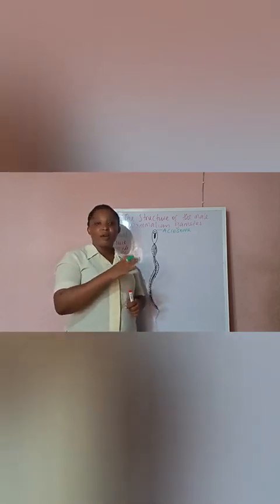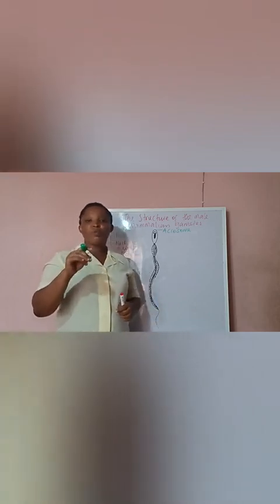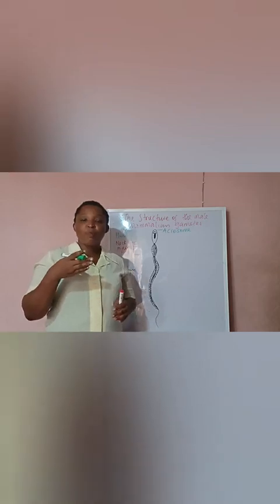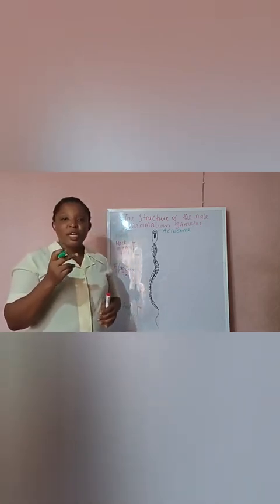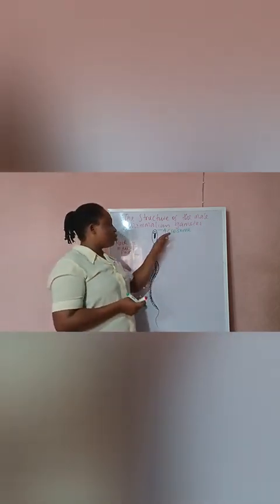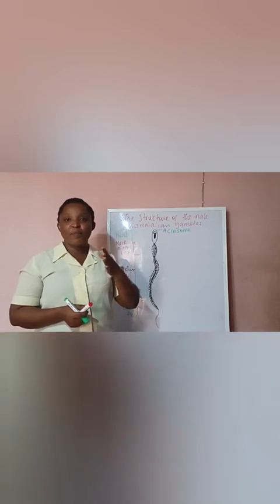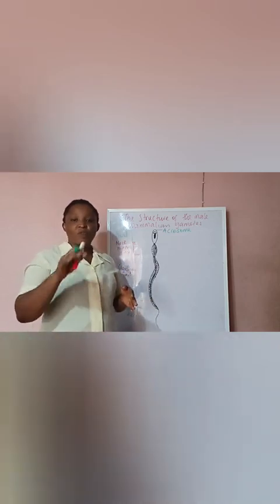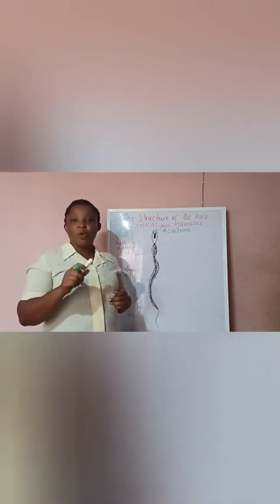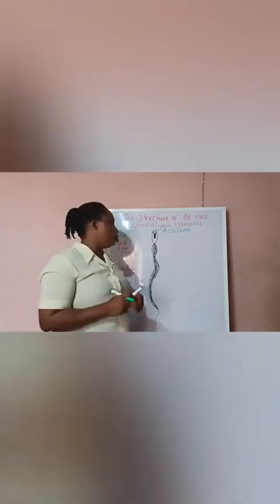Without this acrosome, the sperm will not be able to break through into the egg. The acrosome releases the enzymes, which break the covering of the oocyte so that the sperm can go through it.